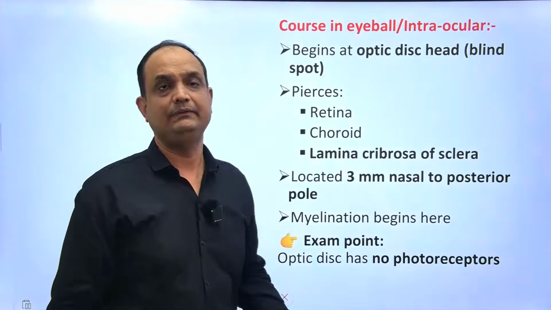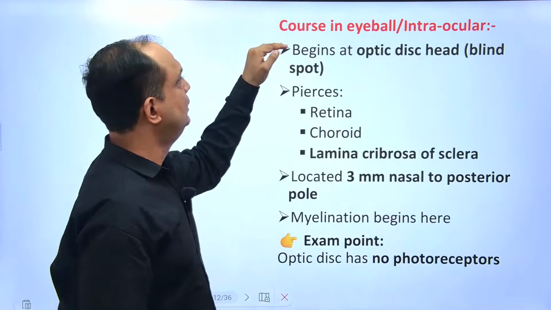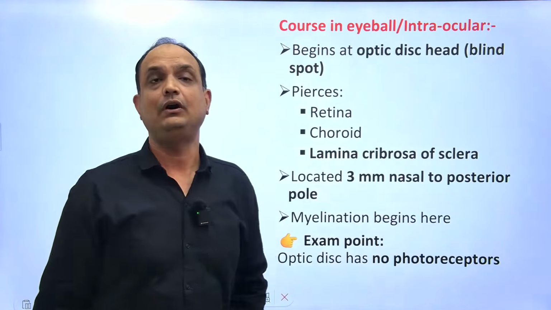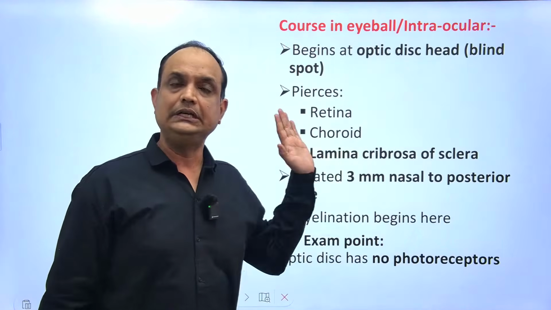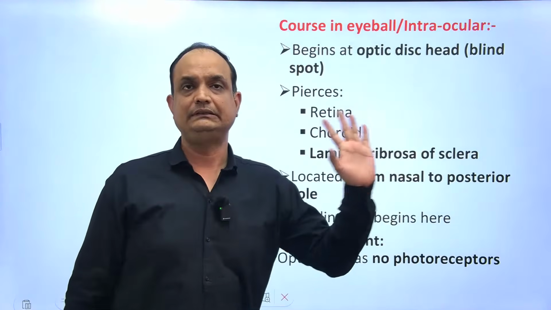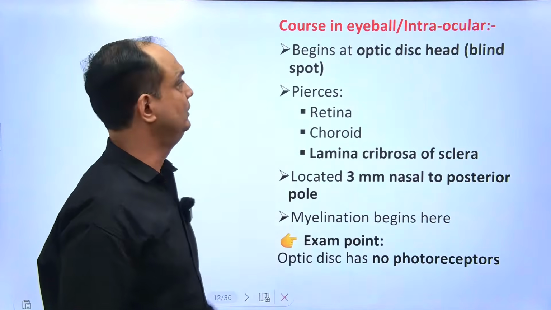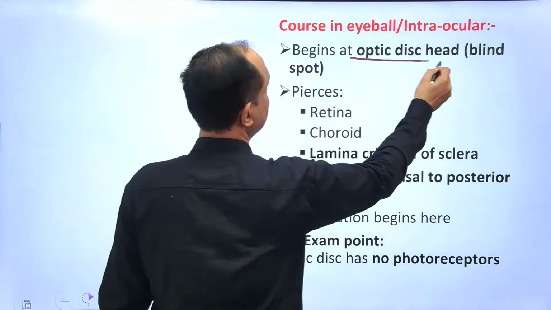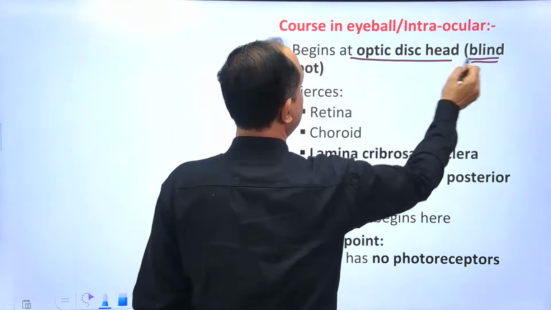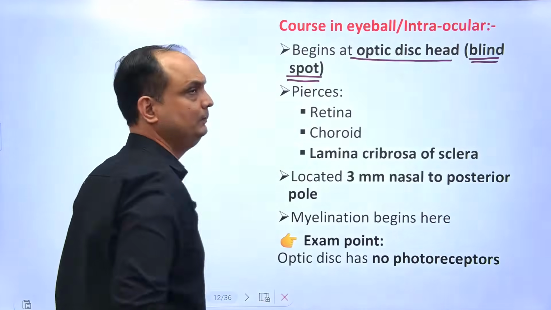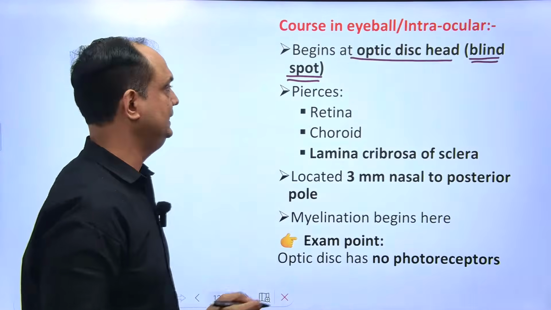So let's see all the parts one by one. First is the course of the intraocular part. The details of the intraocular part we have already discussed in the lecture on the optic head, but still, it begins at the optic disc head. I am again saying that it is a blind spot because it is devoid of the neurons of the retina.